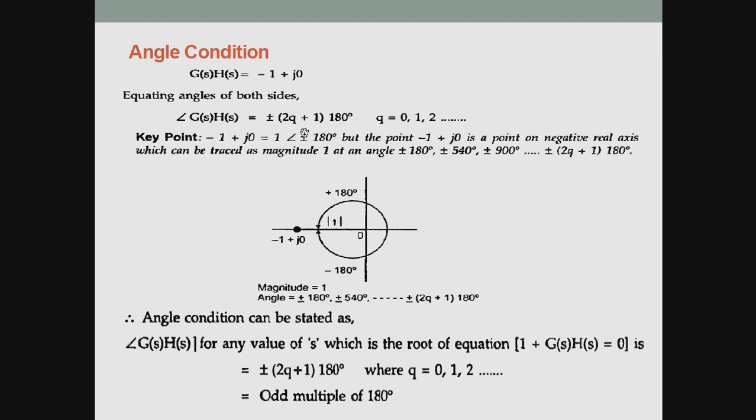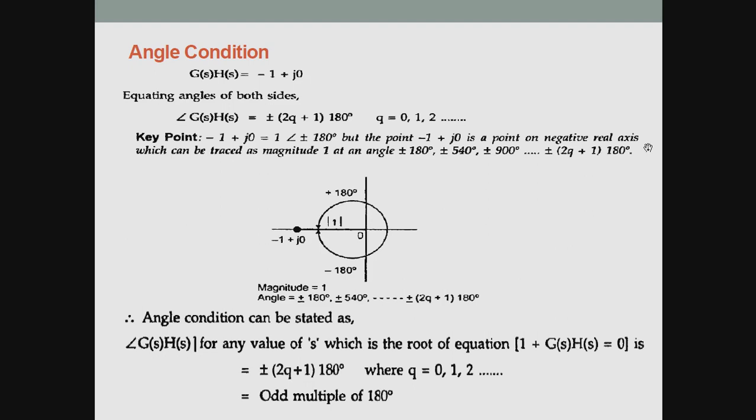If we equate both sides, we take the angles here. So I can write this as plus or minus (2q plus 1) into 180 degrees, where q is 0, 1, 2. The key point here is that minus 1 plus j0 has an angle of plus or minus 180.